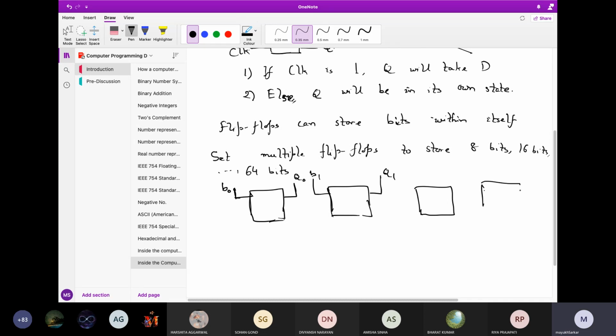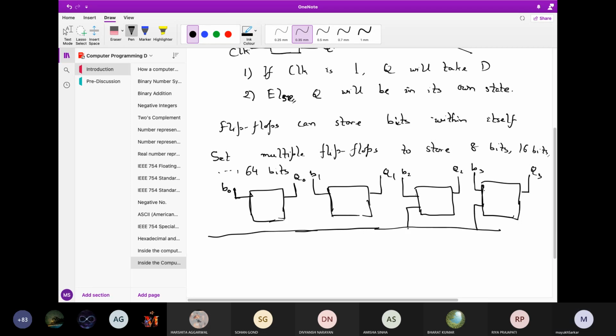Let me create a 4-bit register. Again, there are multitudes of various registers possible. I am drawing the most common one. And put a common signal to this.